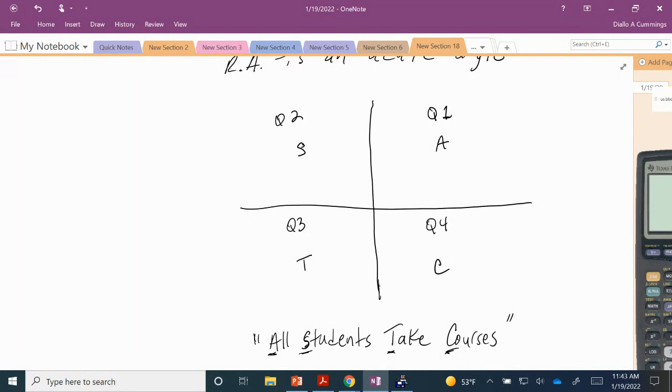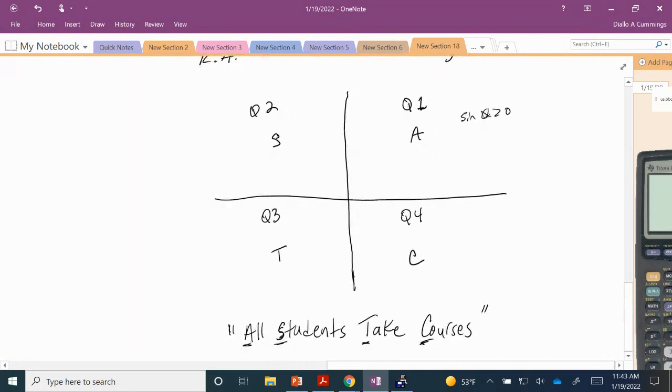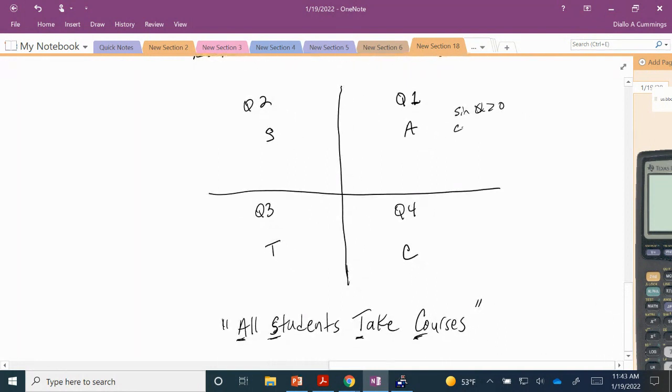So what does this mean? A in the first quadrant means that all 6 trig functions are positive. The sine is positive. Whenever you see greater than 0, that simply means positive.